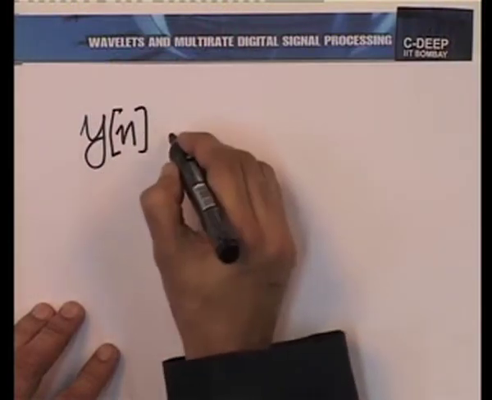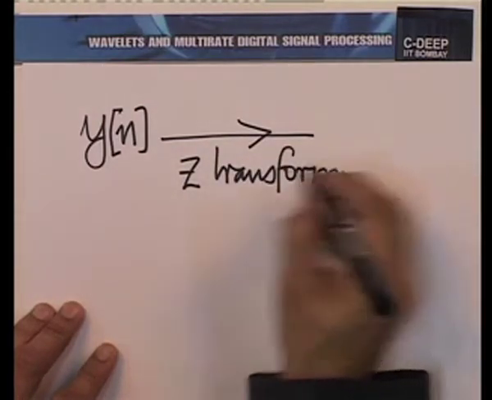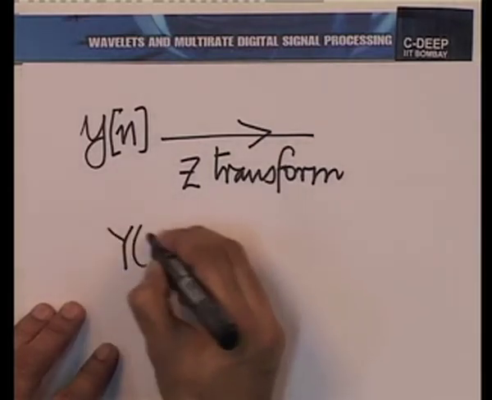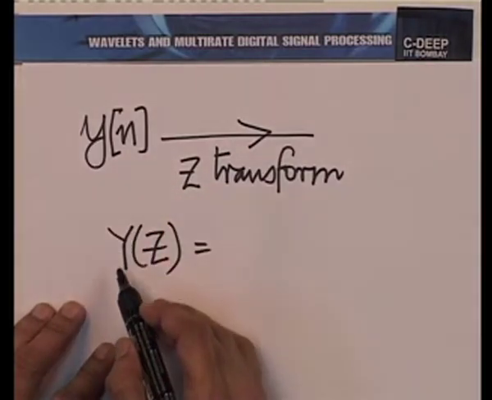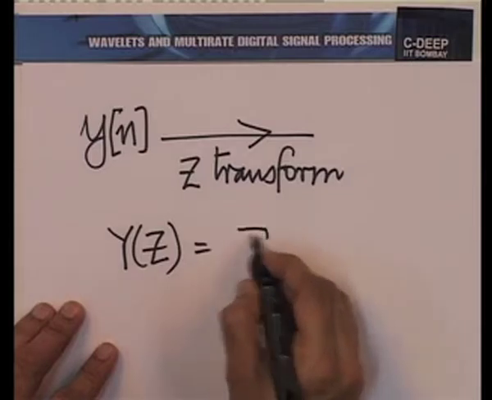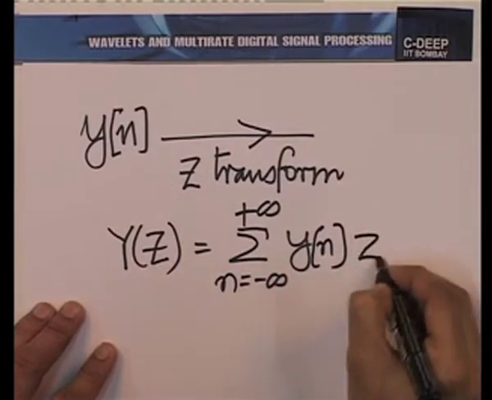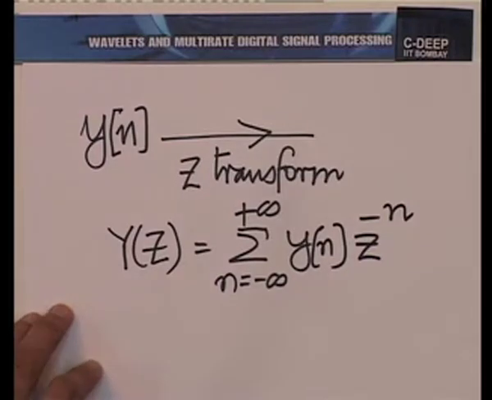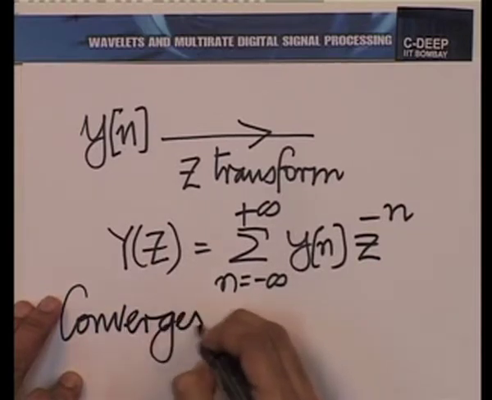Recall that if we have a sequence y of n, its z transform is described by y of z. Normally, we use the small letter to denote the sequence in time and the corresponding capital letter to denote the sequence in the z domain or also in the frequency domain, and y of z is summation n going from minus to plus infinity y n z raised to the power minus n. Now, we must remember that this converges in a region of the z plane.